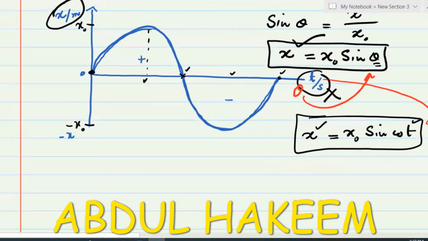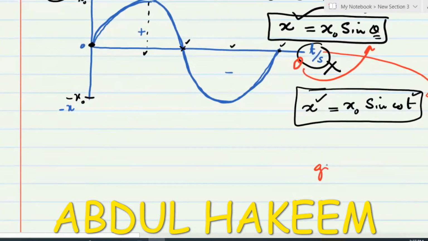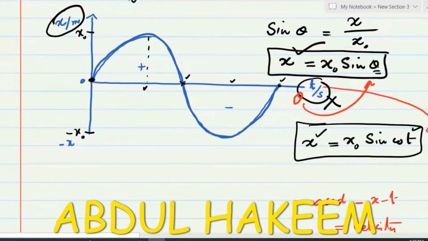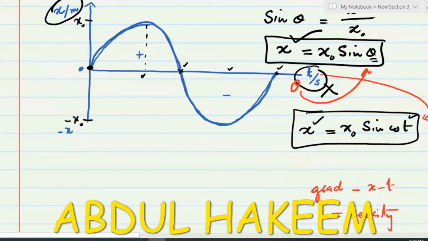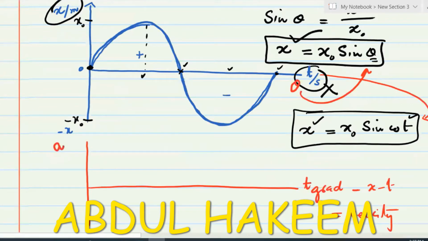And remember, the gradient of the displacement time graph is velocity. So when we draw the graph for the gradient of displacement time, suppose the x-axis is t, the y-axis is velocity.